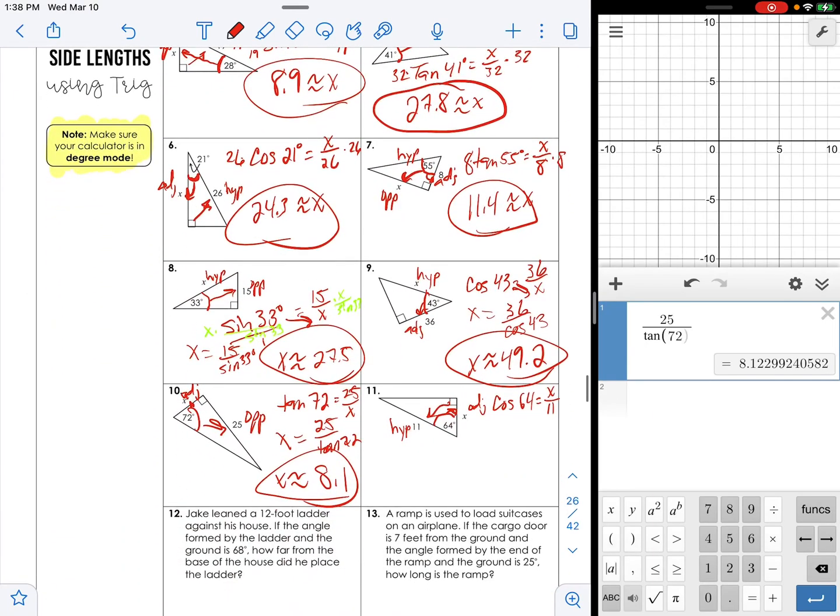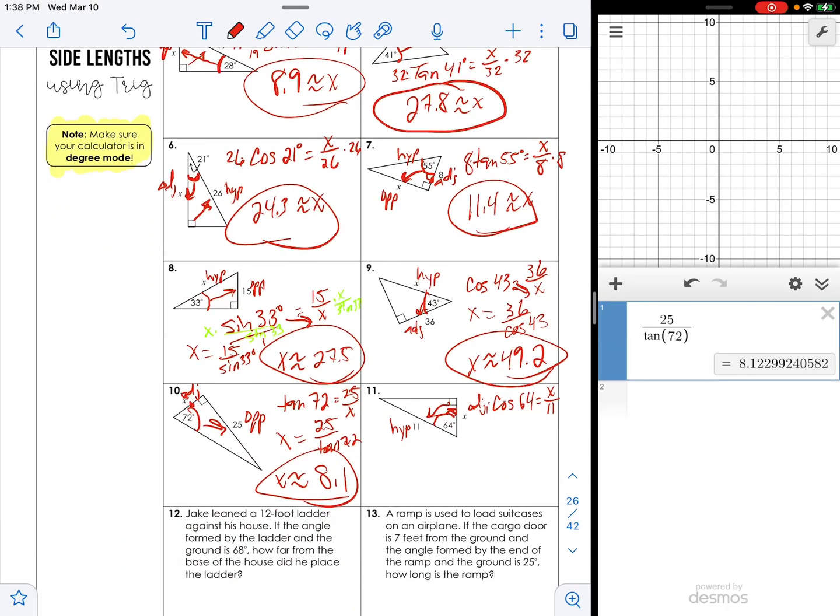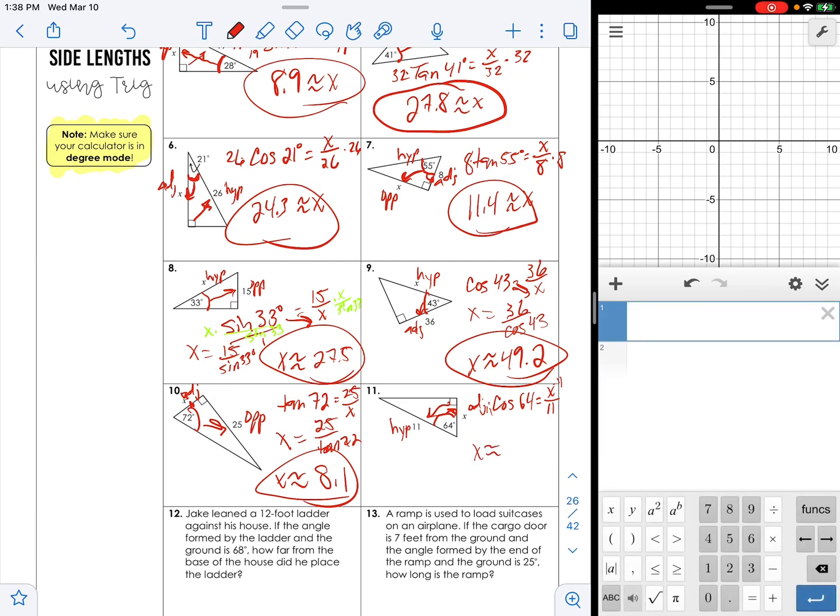So we're going to multiply by 11 on both sides. So x is approximately 11 times the cosine of 64, and we should get approximately 4.8.